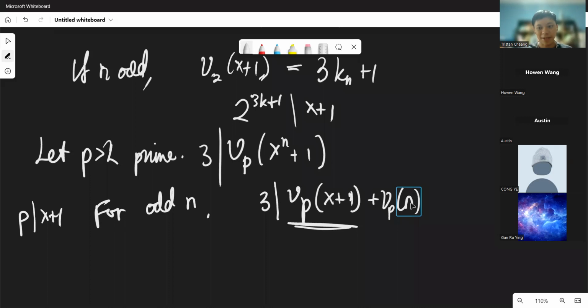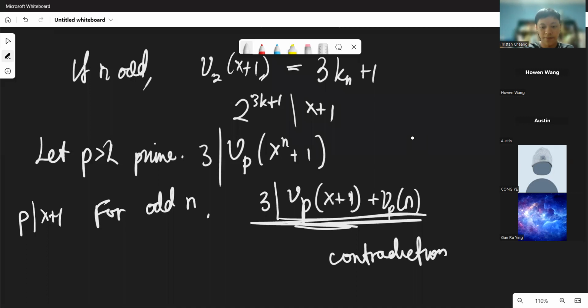Like I can let n be 3 or 9 or 27 or 81. Those are all consecutive numbers. I mean, the VP, sorry, I can let it be p or p squared or p cubed or p to the 4. This can never hold for all odd numbers n, right? So that's a contradiction. Like put n equals p to the 1, p to the 2, p to the 3.